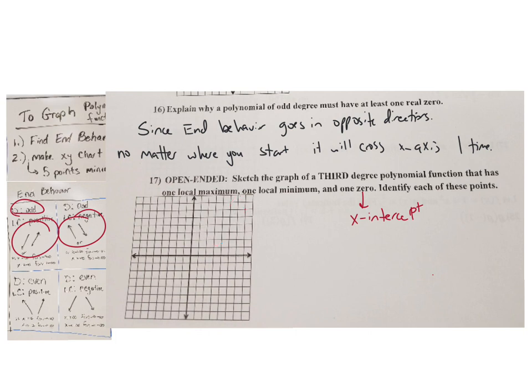So I'm just going to try it. I'm just going to do it a little bit nicer. So this would be my local max. That would be my local min. That would be my 0. Alright, so that's it. Done.